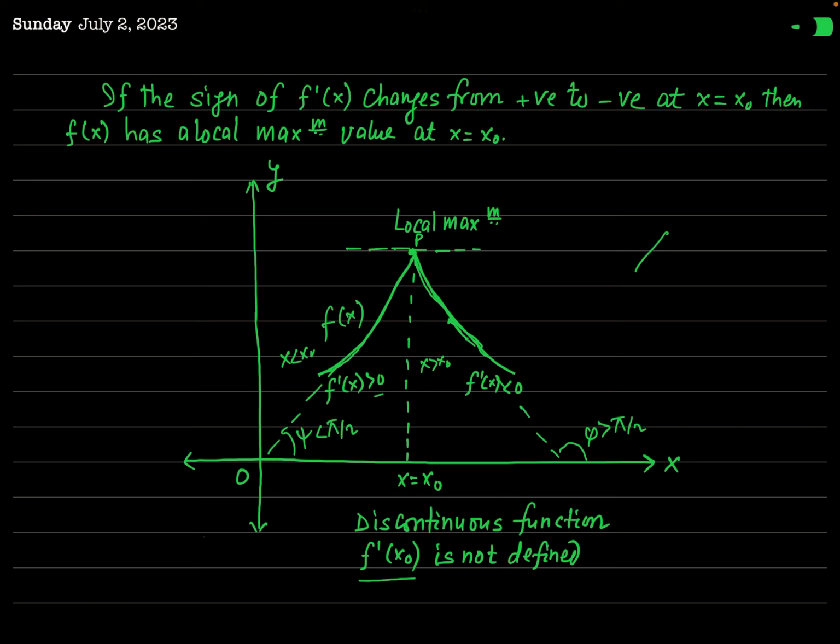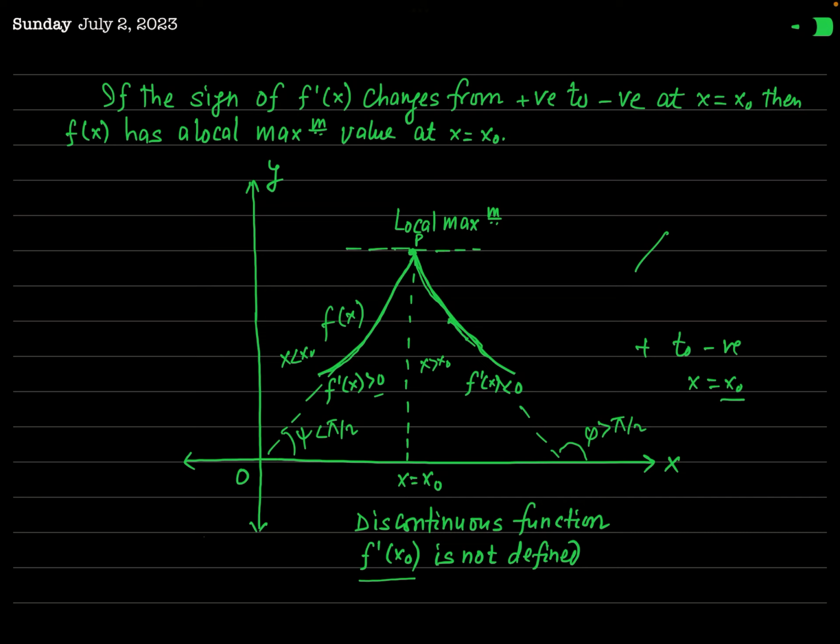So again you can say that in the case of a discontinuous function too, when the sign of f dash of x changes from positive to negative on passing through the point x equal to x naught, this point corresponds to the maximum value of the function. So this idea of the sign scheme is valid in both cases, for a continuous function and for a discontinuous function.